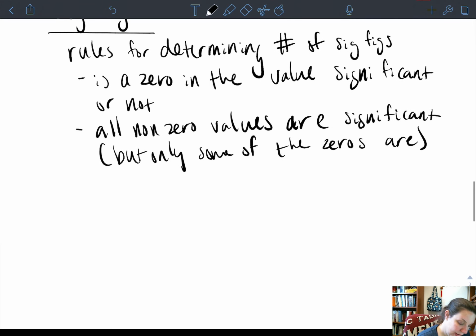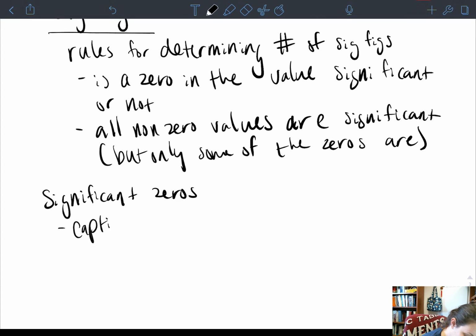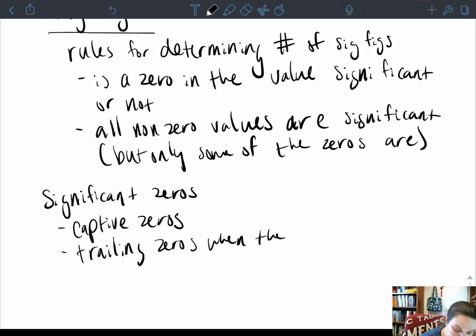So our significant zeros are going to be those that are captive zeros, and then trailing zeros when the number includes a decimal.